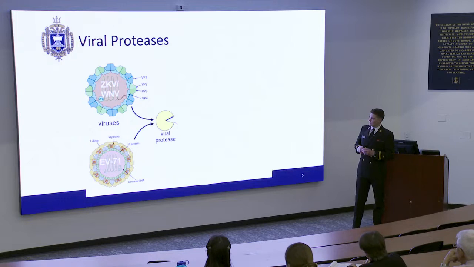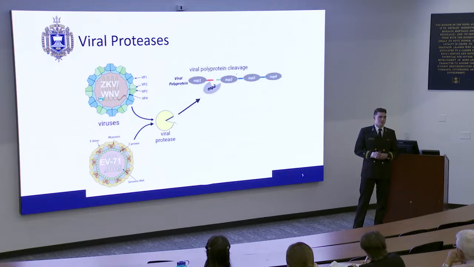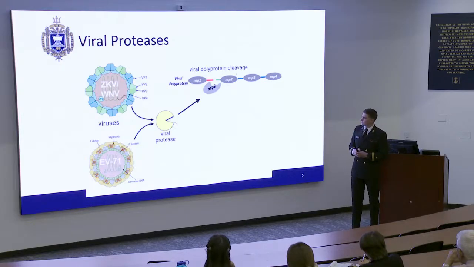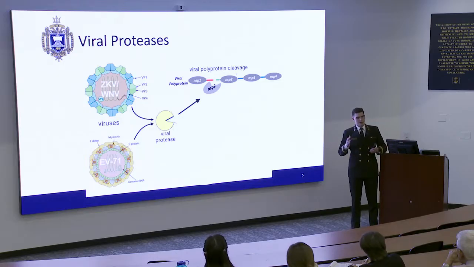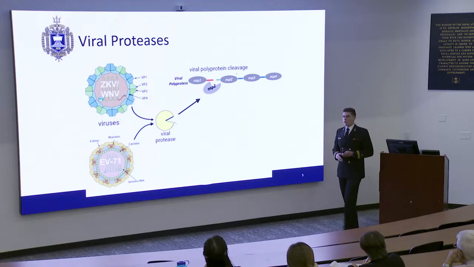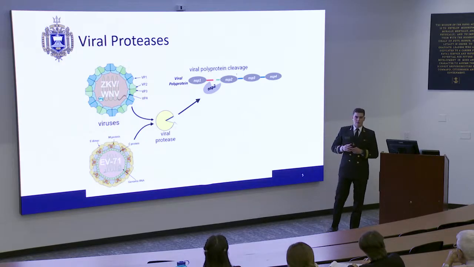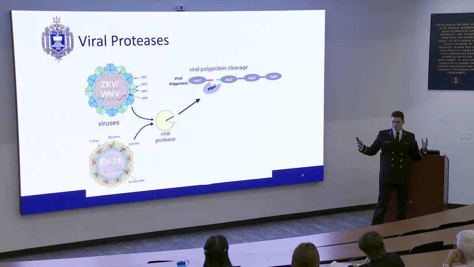And this is really useful for the viruses because a really efficient way of producing the proteins that a virus needs to survive and replicate is to make one big long chain of amino acids, and then a viral protease can come and just cut that, and then all of a sudden you have like four important viral proteins from one long polyprotein.